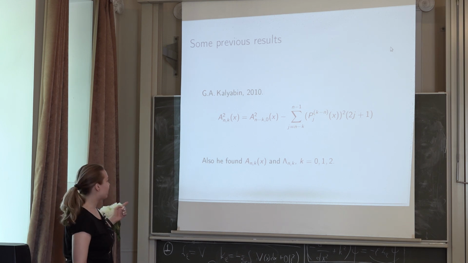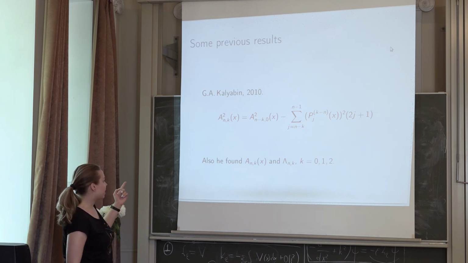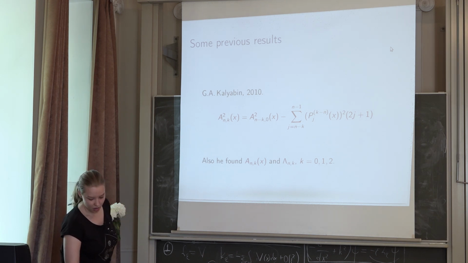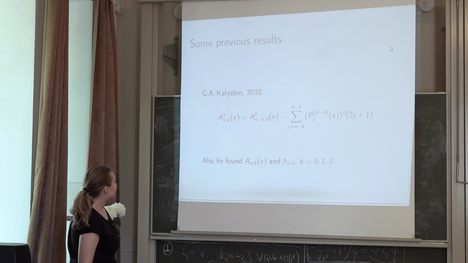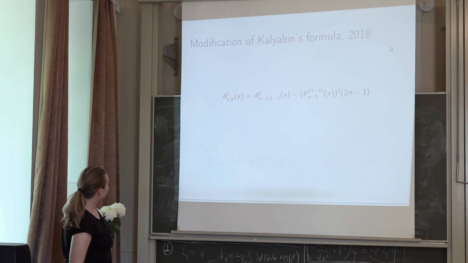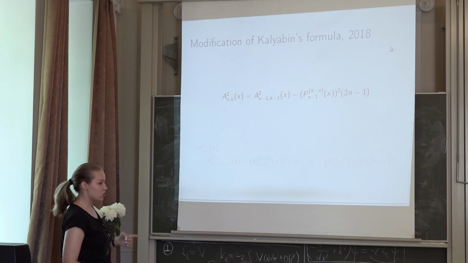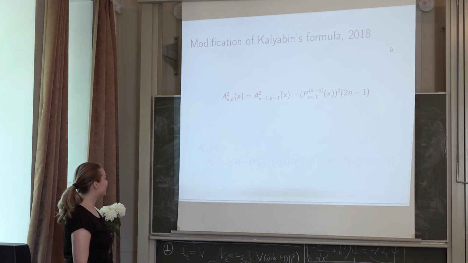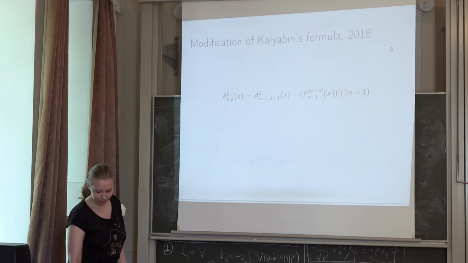So if we rewrite this with n minus 1 and k minus 1 and subtract, we can obtain a modification of his formula, which connects just two next ones, A_{n,k} and A_{n-1,k-1}.